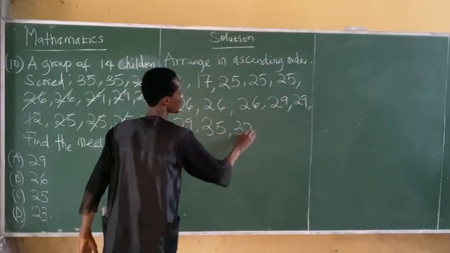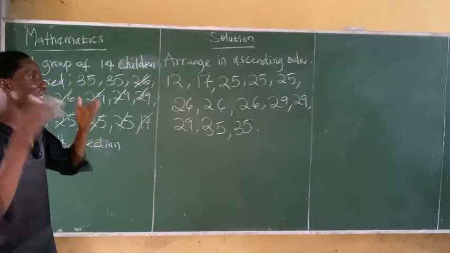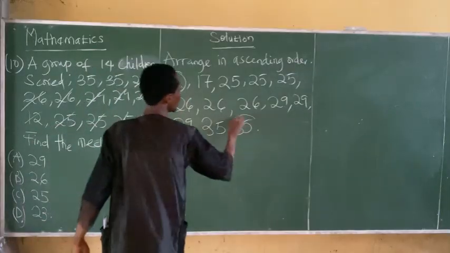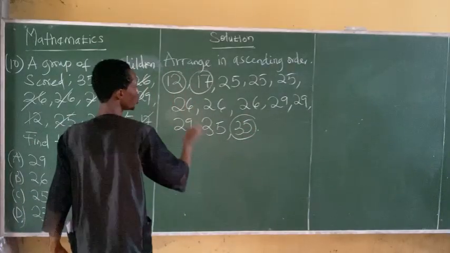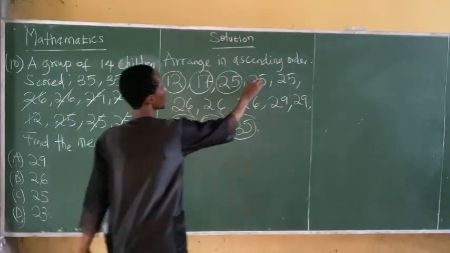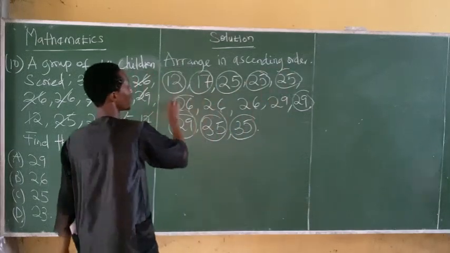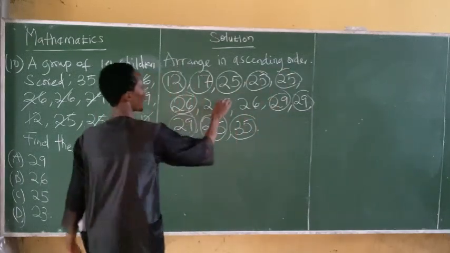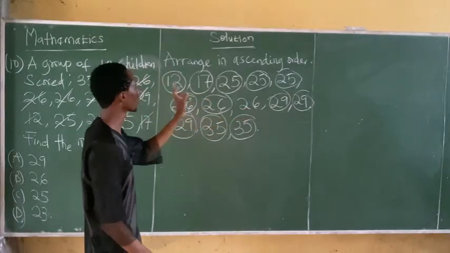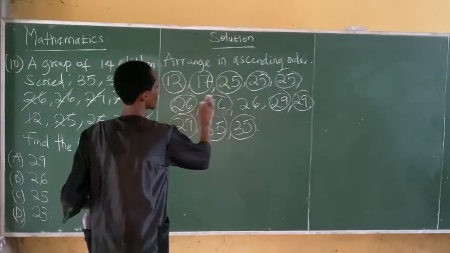Now don't forget, the median means the number in the middle. So let's count from both ends.